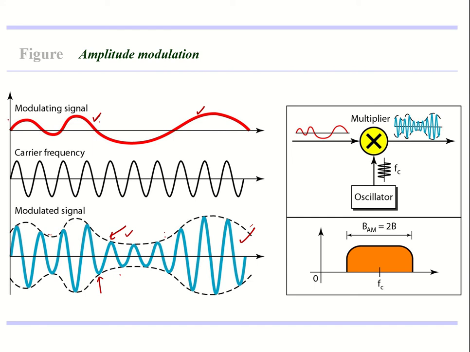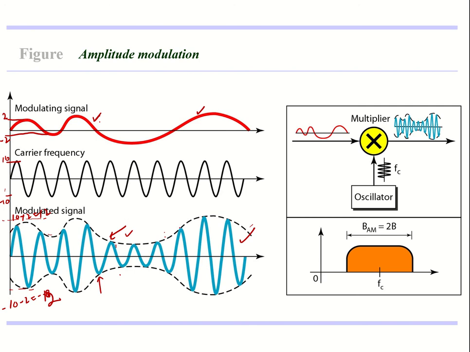For example, if the message amplitude is 2 and minus 2, and the carrier is 10 and minus 10, the maximum we can get is 10 plus 2, 12, and the minimum is 10 minus 2, 8. Or on the negative side, minus 10 and minus 2 gives minus 12, the maximum and minimum we can get here. So this is the basic modulation.